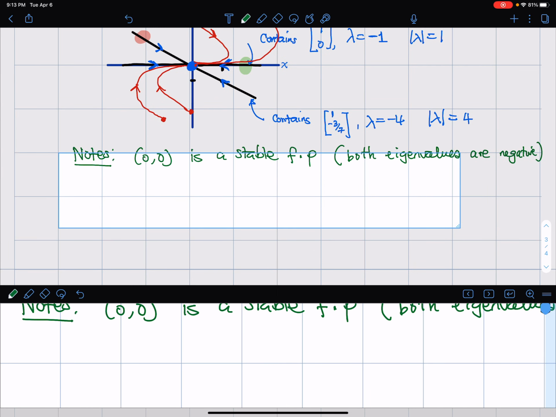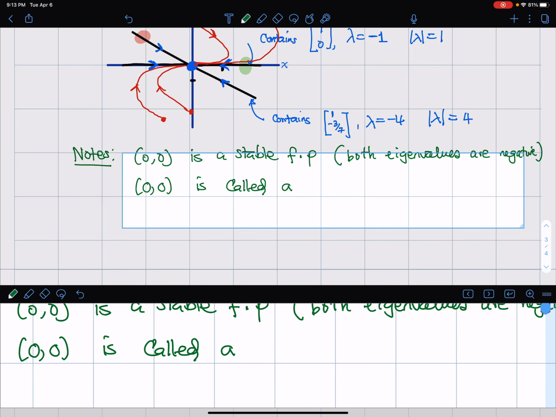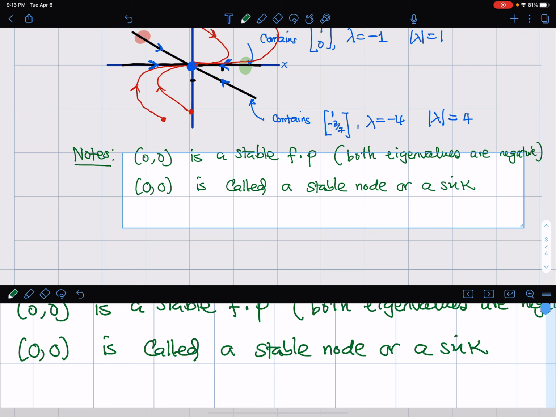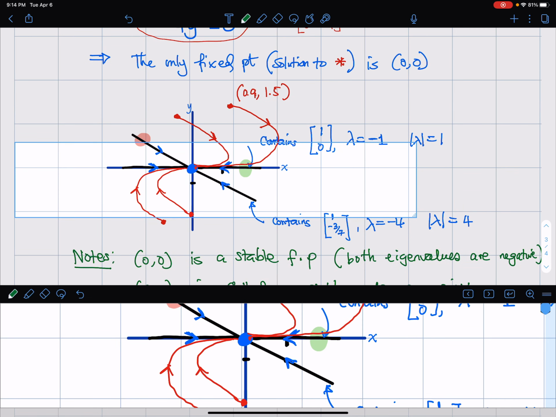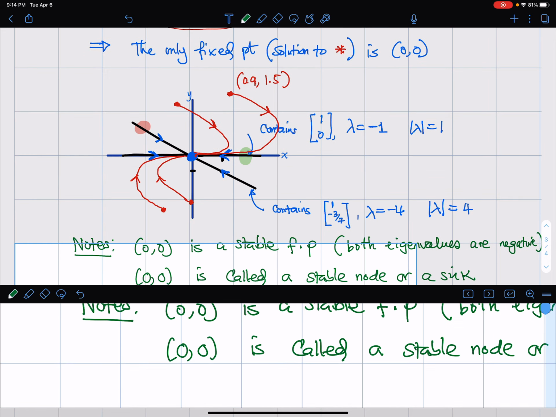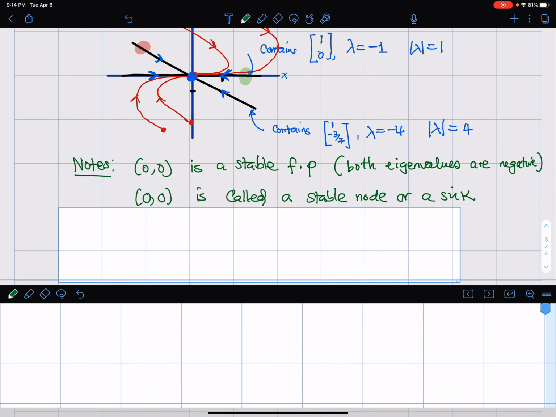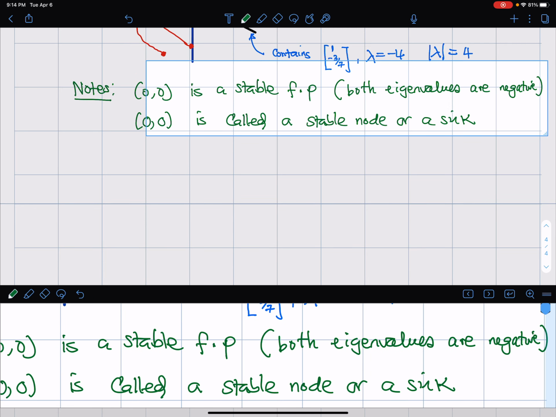What else do we notice? 0, 0 is called a stable node, or a sink. It's called a sink. So that's all I want to mention about that.